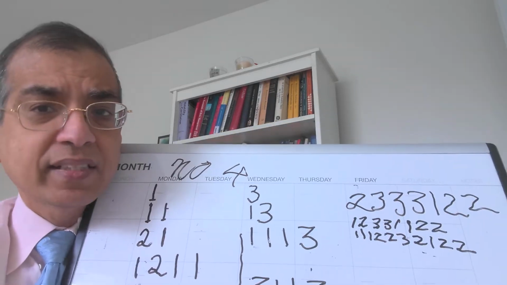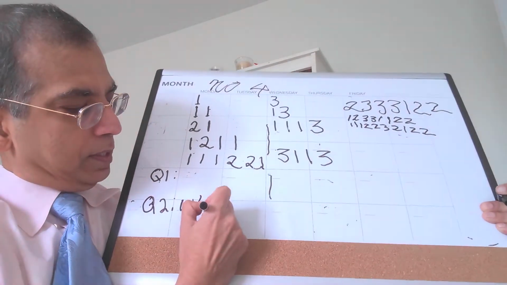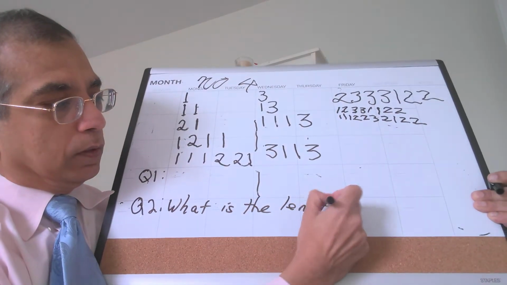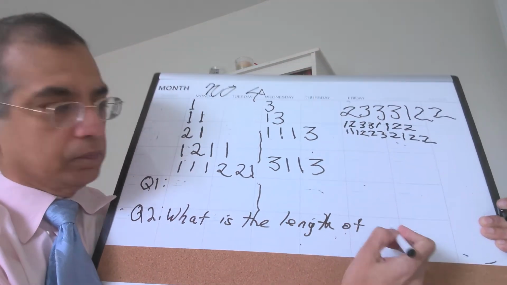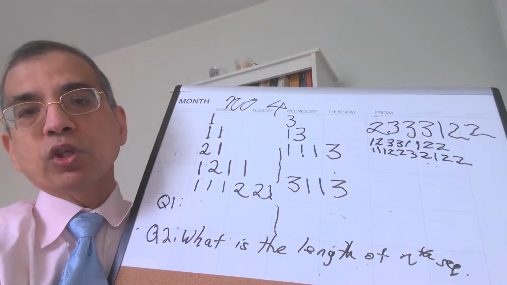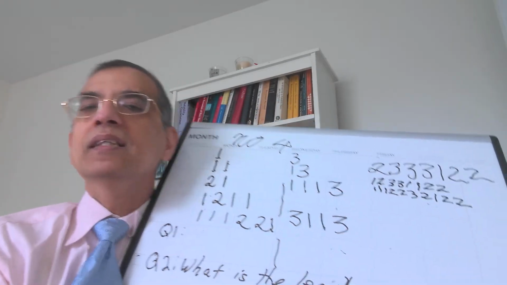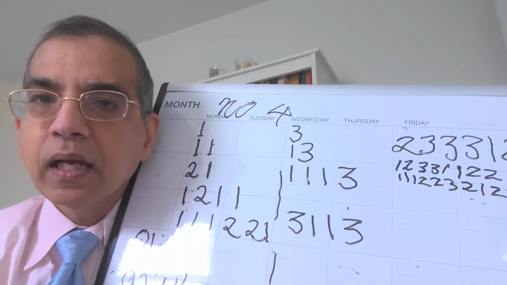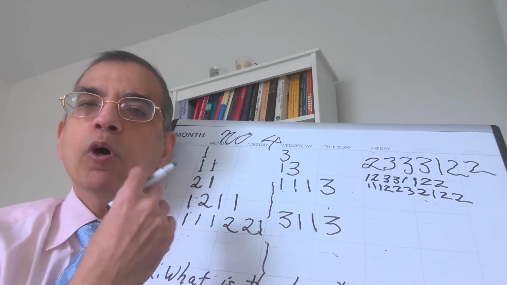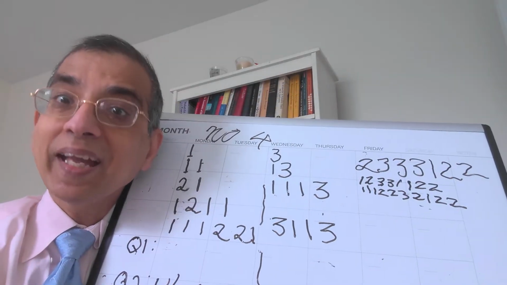Now, is there a rule? Question. What is the length of the nth sequence? For those of you who are inclined to do more quantitative thinking, start with various sequences and see if you can come up with a blow-up factor of what the nth sequence will become in length.